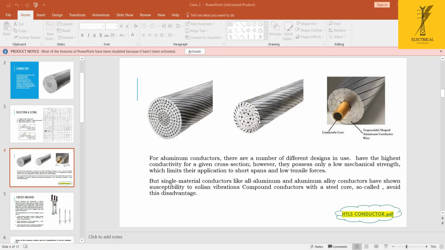I am talking about aluminum conductors without steel. When you use steel, it gives good mechanical strength as support. So we have different types of conductors, and when selecting the conductor, we have some guidelines. Let's go to that one.